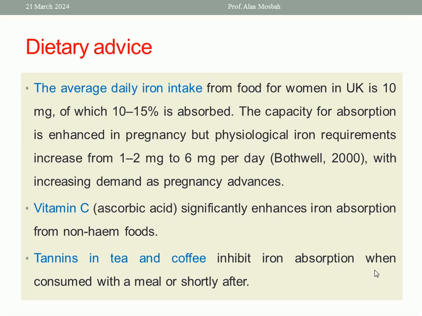So vitamin C significantly enhances iron absorption from non-heme foods like cereals, legumes, seeds, nuts, and eggs.